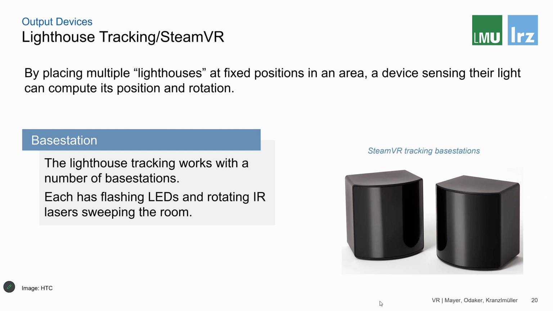These 2 base stations need to be synchronized, and back then they either used optical systems, so they needed to see each other, or there was a cable provided that you could plug in, which looked like a 3.5 millimeter stereo audio jack on both sides. So you had this long cable between them, or they were close enough that they could see each other. And the maximum number of base stations you could use was 2.